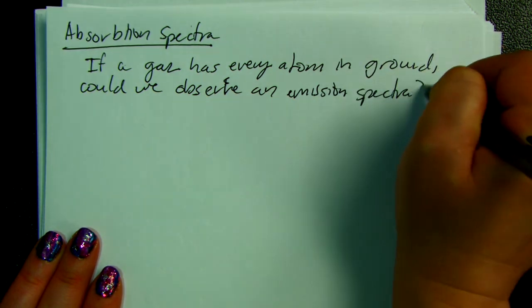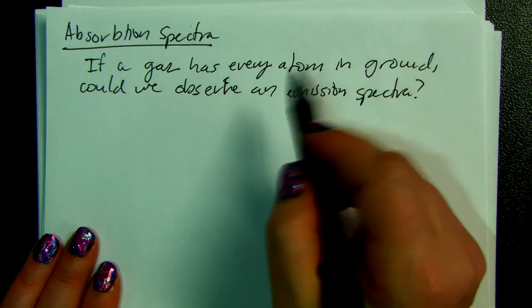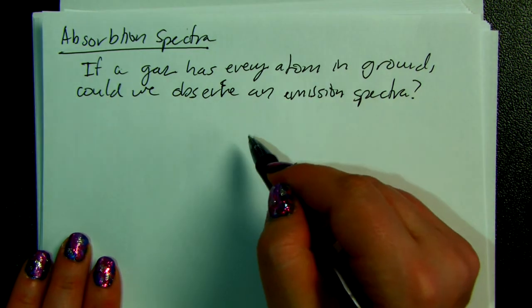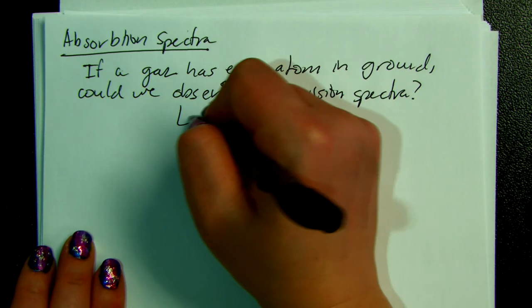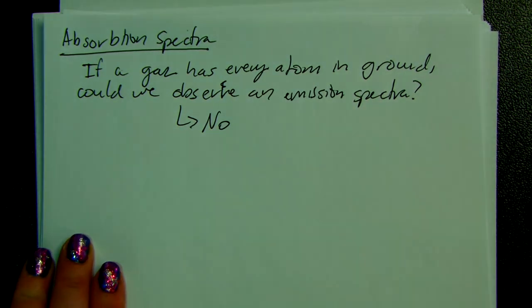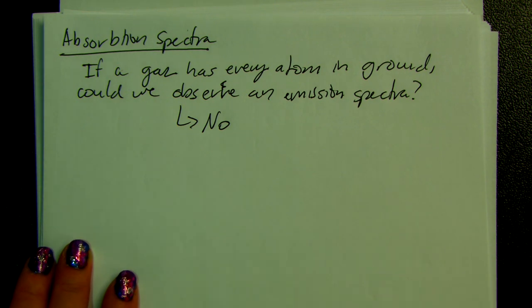So let's think about that. So emission spectra requires atoms to be in their excited state. So no, we could not. It would just be all black. Very boring. All atoms are in ground. Nothing is excited to release any photons.